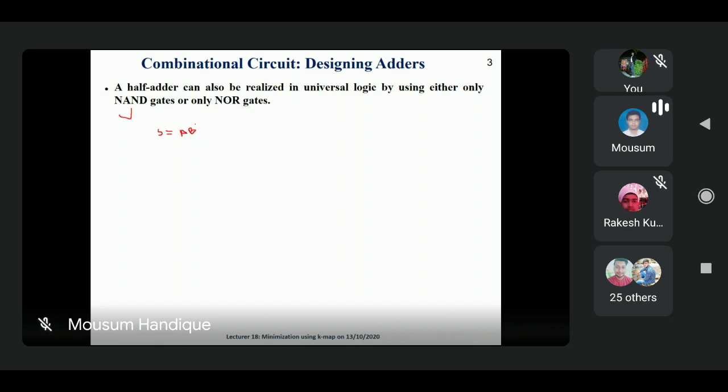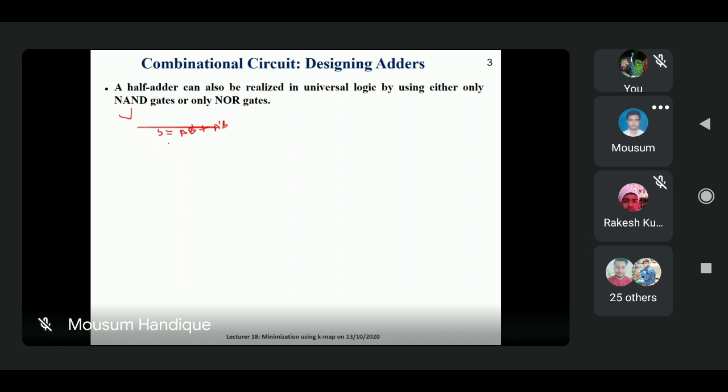But your main objective is that from that expression you can design the circuit such that all the gates are NAND gates. So this one is the A B bar, and this one is the A bar B.